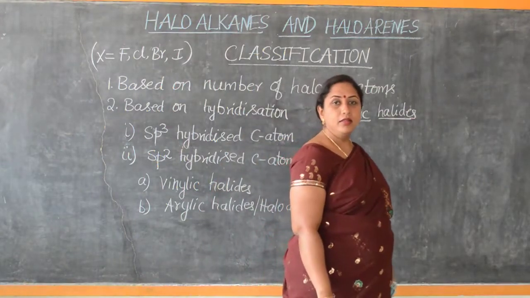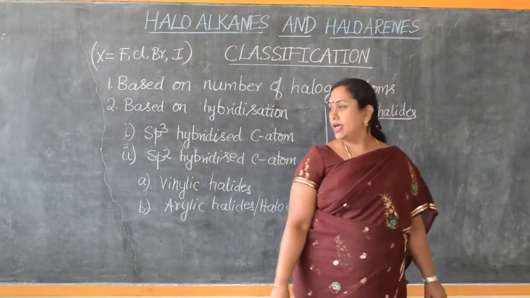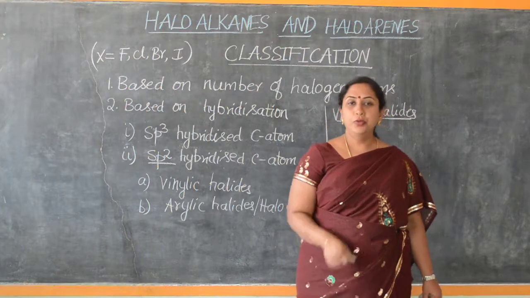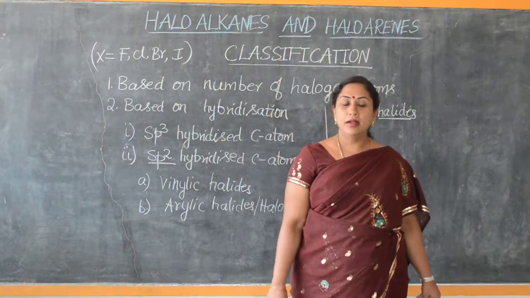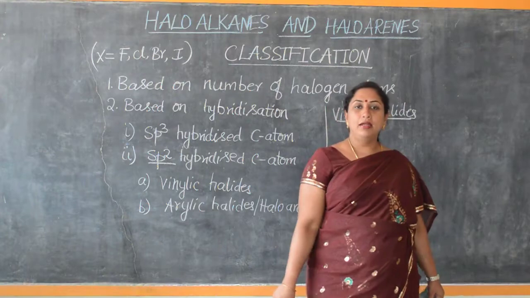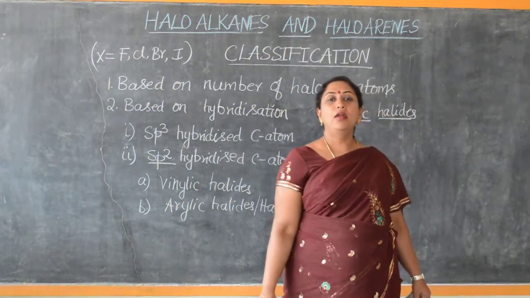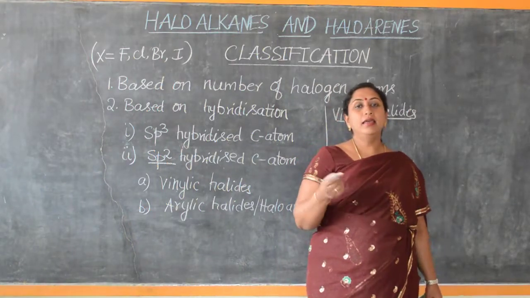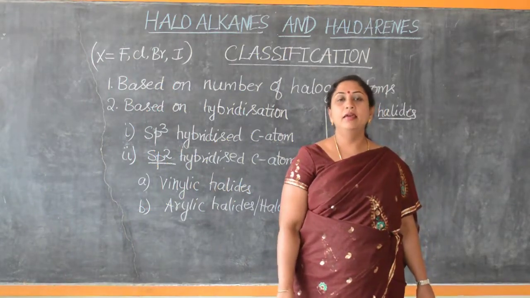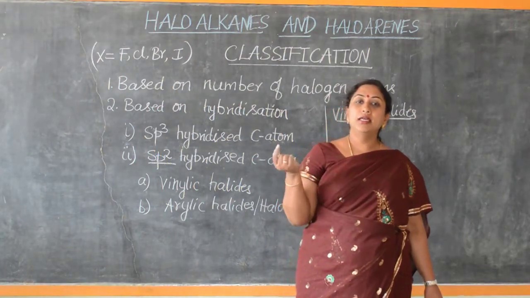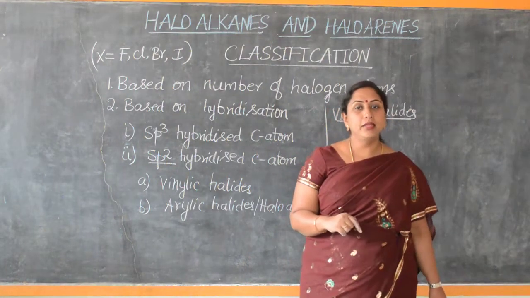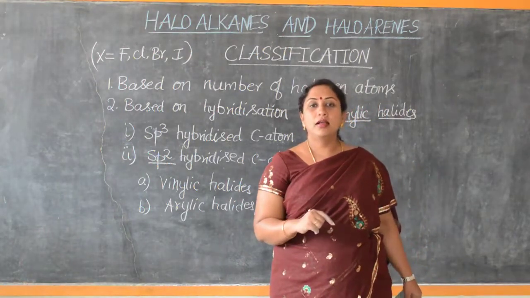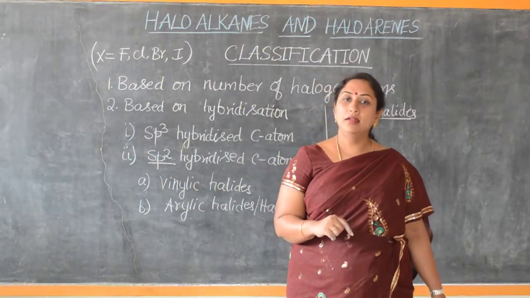They are the carbon atoms which have undergone sp2 hybridization, to which the halogen atom is attached, and these carbon atoms are also involved in a double bond directly, unlike the allylic halides which we learned previously, where the halogen was attached to the carbon atom involved in sp3 hybridization, which in turn was attached to the carbon atom involved in the double bond.